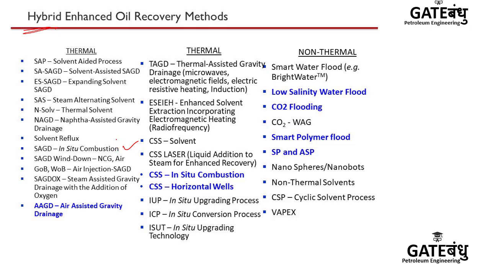And there is also air assisted gravity drainage, or solvent assisted gravity drainage, a combination of chemical and thermal parts. There is air injection, like miscible, and the effect of gravity and steam injection.